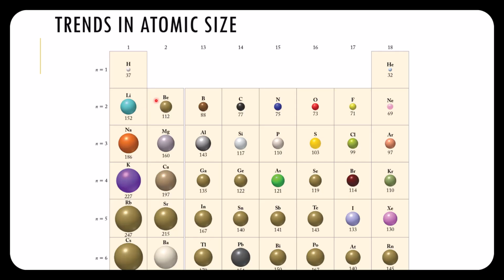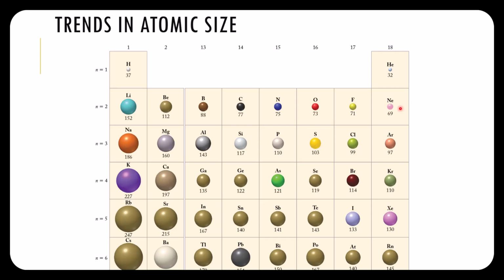As we move across the periodic table, we get over here to neon. Neon has 10 protons in the nucleus. So now those 10 protons are reaching out to that second energy level and trying to bring those electrons closer to it, right? Positives attracted to negative.